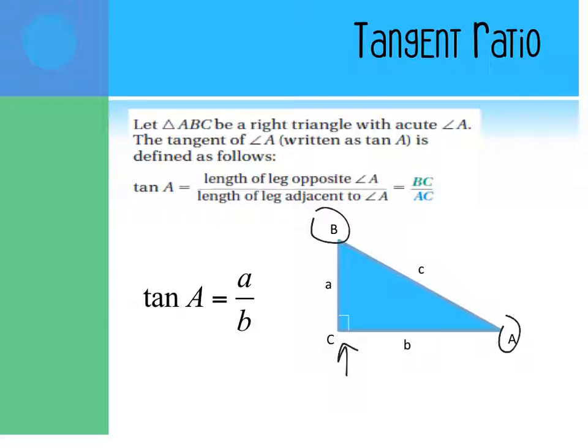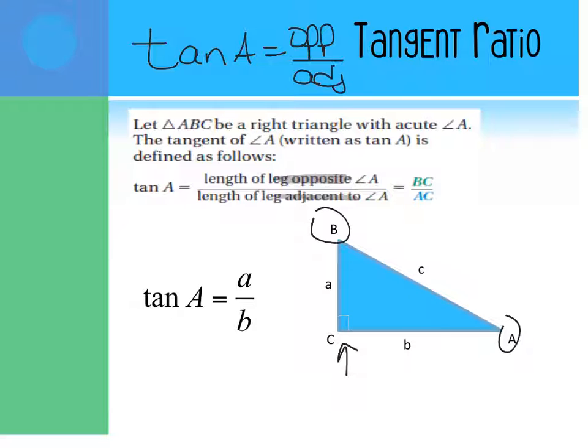And the tangent ratio is represented as opposite side over adjacent side. And that's what's here in the note here. Opposite to A and adjacent to A. I can also write the tan ratio for angle B, and I'm going to do that in a minute.